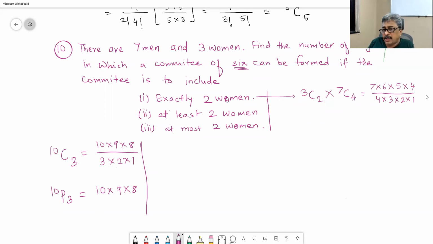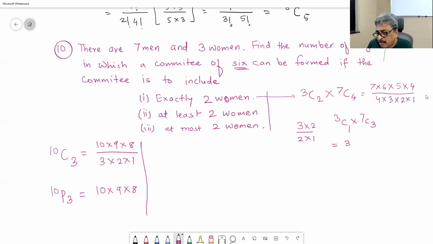Therefore, 3 choose 2 is 3 into 2 upon 2 into 1. Or in mind, you can say 3 choose 2 is 3 choose 1, because we have proved it just now. And 7 choose 4 is 7 choose 3. That will make it still easier.